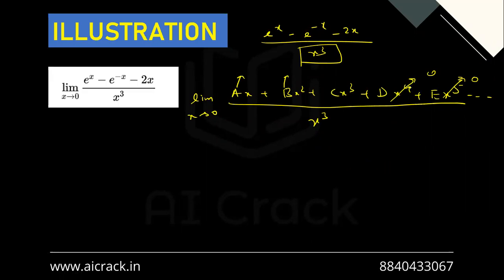So that way we can neglect the higher order terms. Over here a should be 0 and b should be 0. Only in that case this limit will exist, and that would be c by 1. In this case, let's say we have 2 over here, then c by 2 would be the limit. So this is how we have to solve.